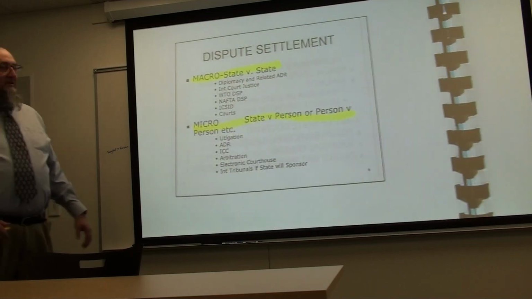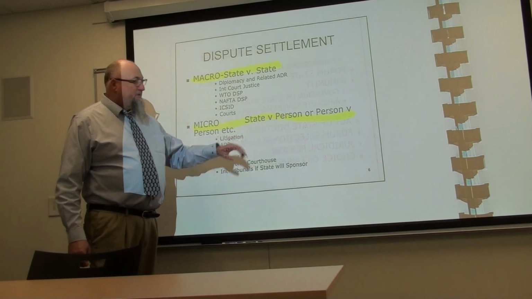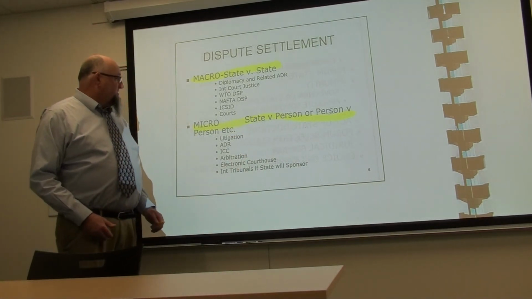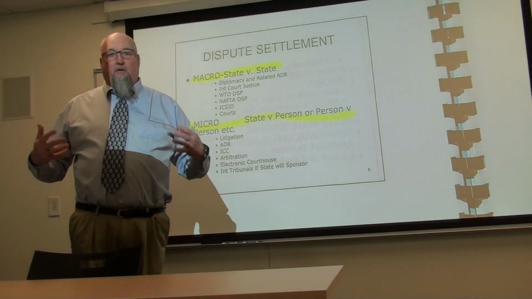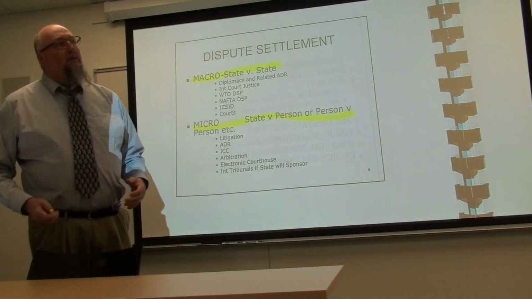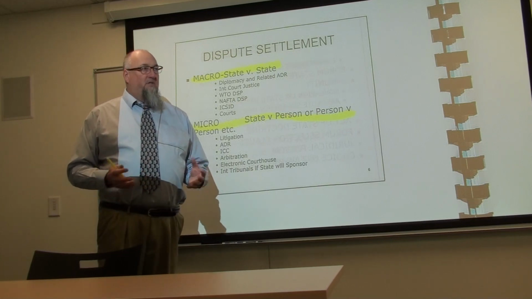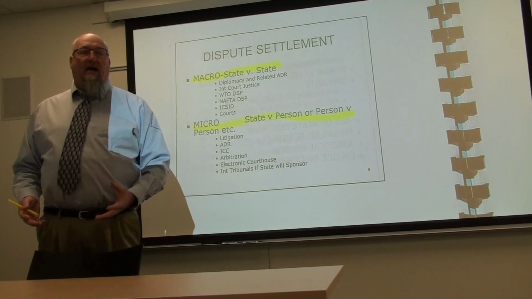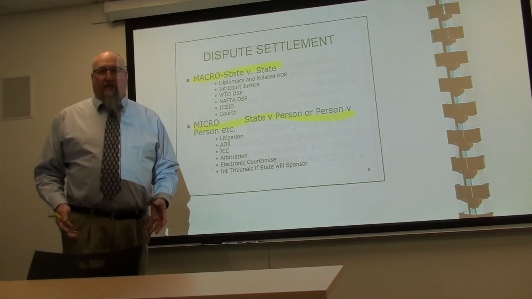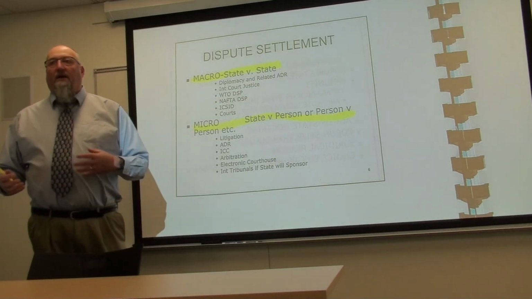is, again, back to this idea of state versus person claims. And this is where we have this growth and evolution of international law that now allows for mechanisms such as the ICSID for individuals to take direct action where historically they didn't really have that ability. So you're a foreign investor now.